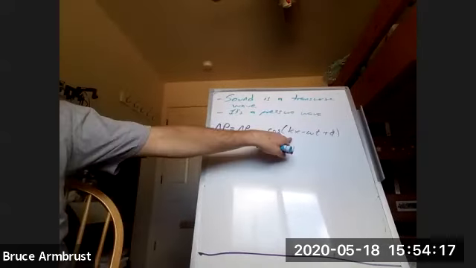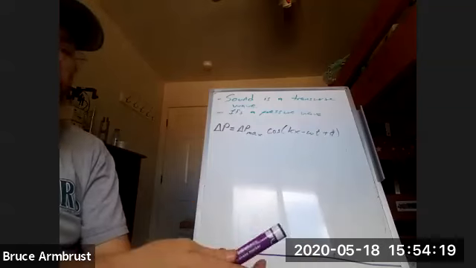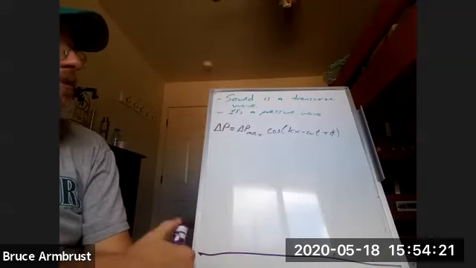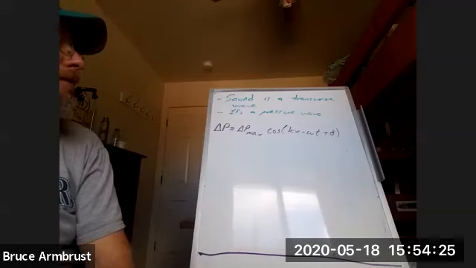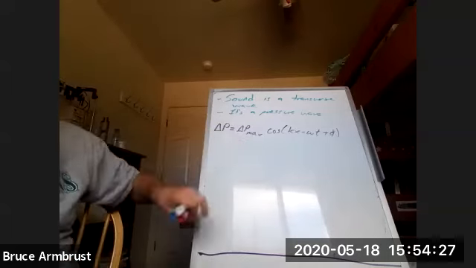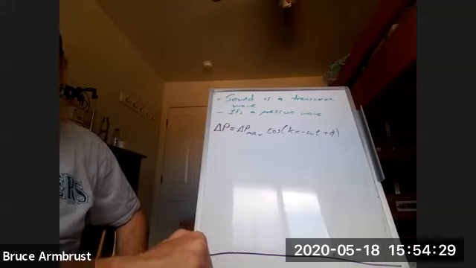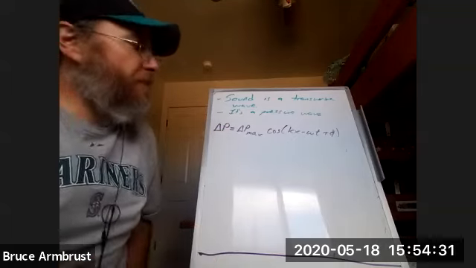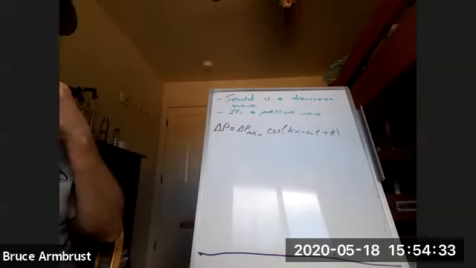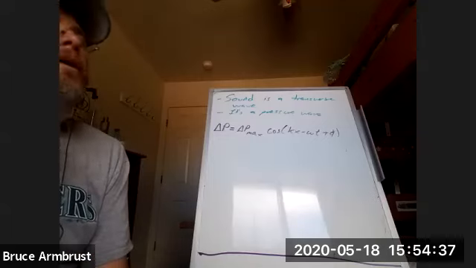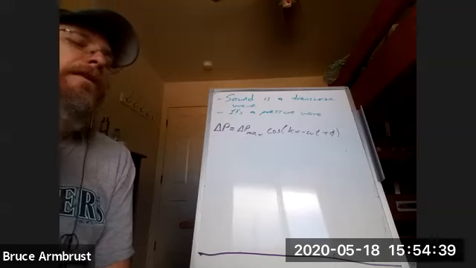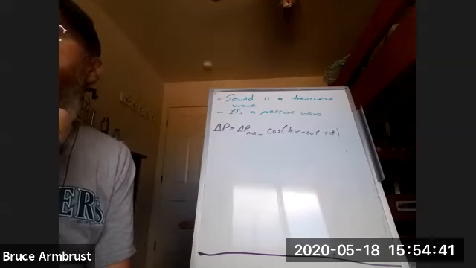So this whole cosine business, that's the same as what we did before. That allows it to be a time and position dependent wave. But now it's a pressure change. So this whole cosine business is just because there's oscillation. And like I said, it's the vibrating of my vocal cords that are making that happen.